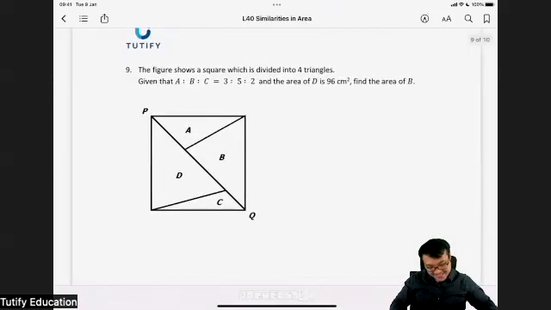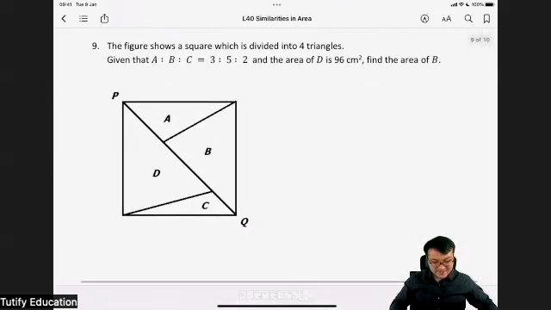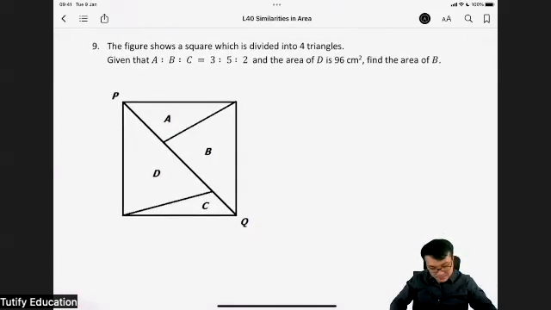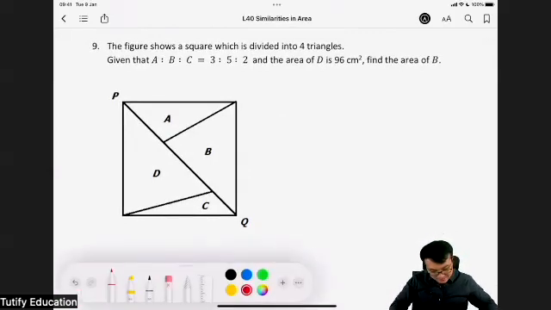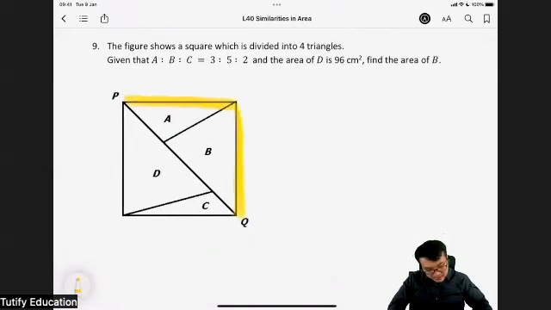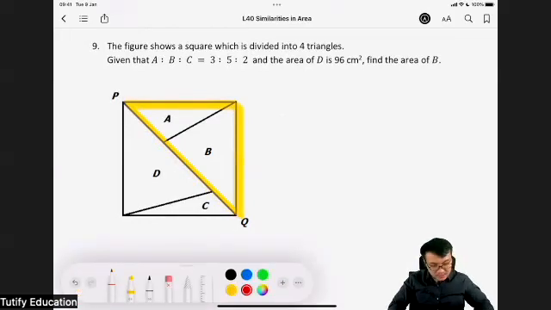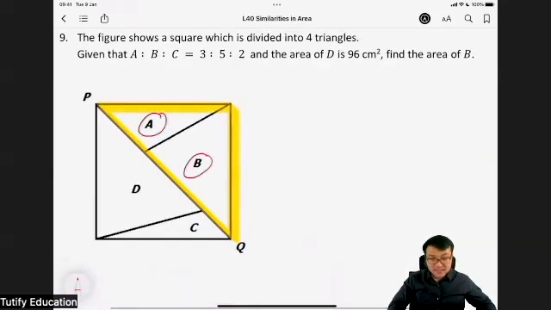Okay, now let's look here. All right, let me ask Ben. So Ben, can you volunteer for this? Okay. First, we are going to look at this triangle, the yellow triangle. Do you agree that A and B have the same height? Yes or no?